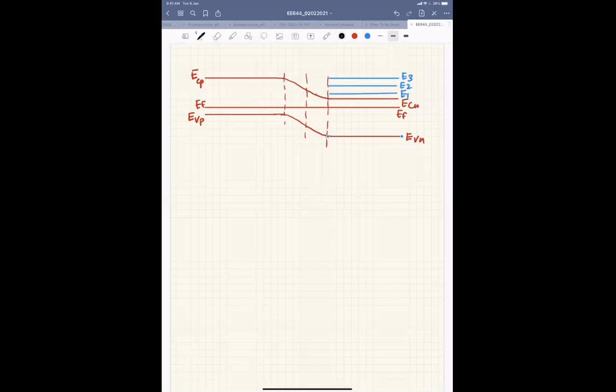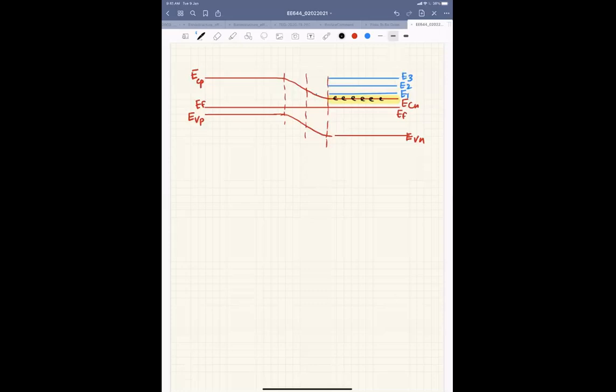This is the bottom of the conduction band, and most of the electrons are residing at the bottom of the conduction band, right? So I have electrons at the bottom of the conduction band.